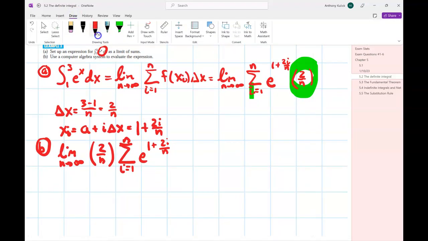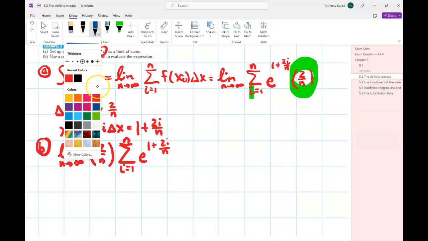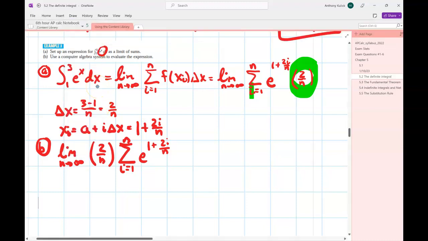Now, the sum that I have, the sum from 1 to n of e to the 1 plus 2i over n, I recognize as a finite geometric series.